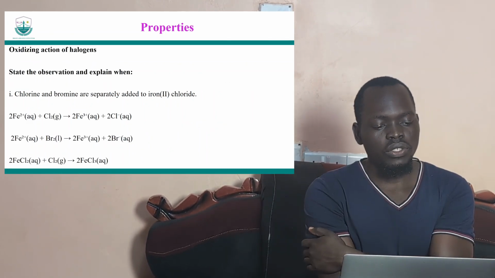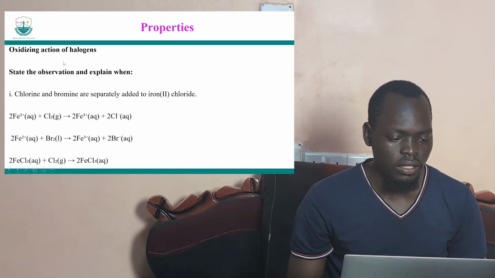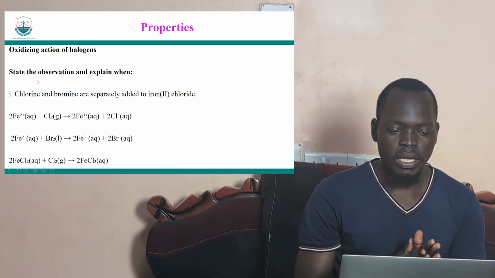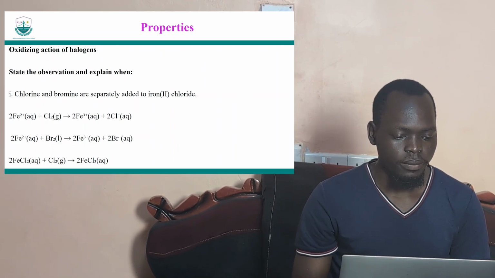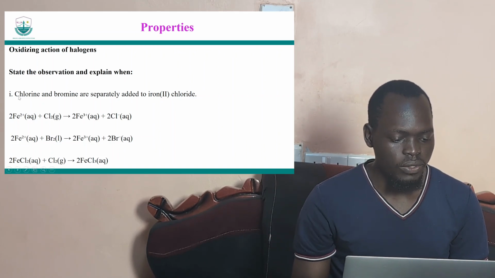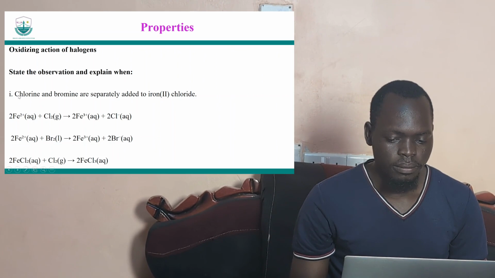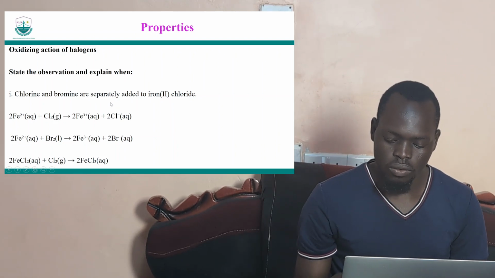Let's look at oxidation reactions of these molecules or the solvents. This will help us go through some observations. Let's try to explain this through some observations that we can make, as I said, when chlorine and bromine are added separately to iron(II).